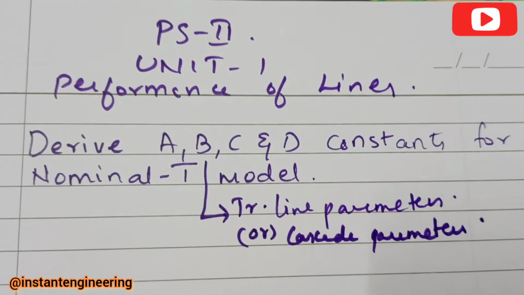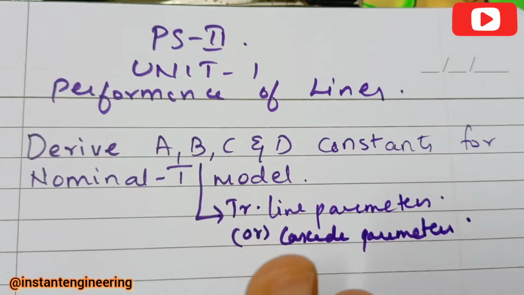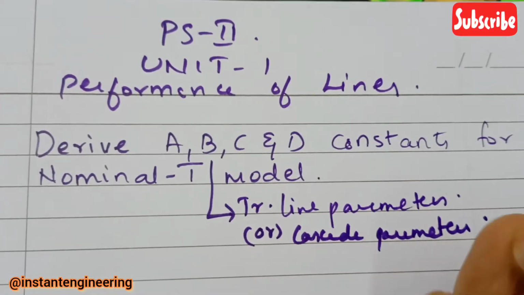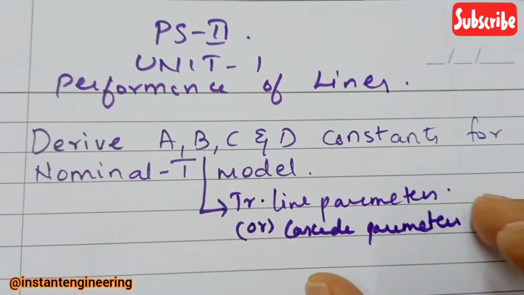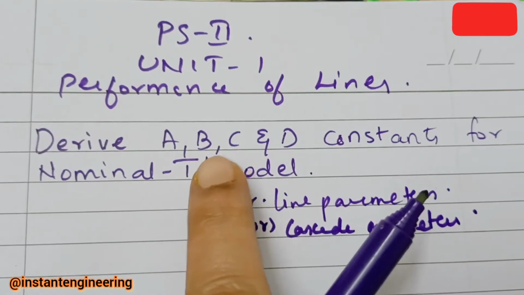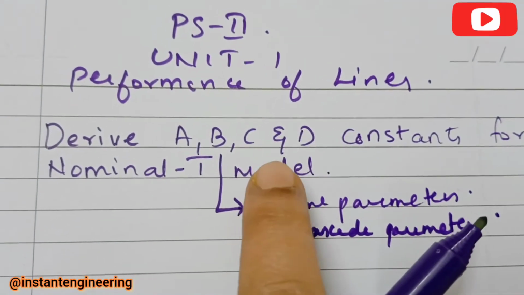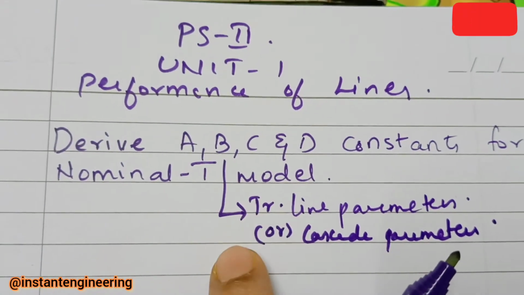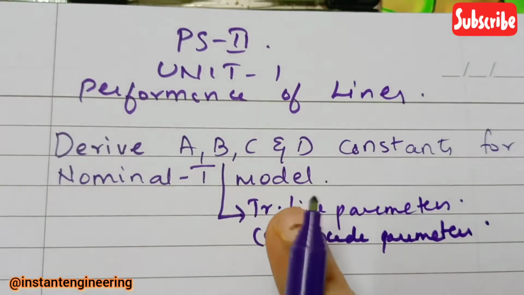Generally these ABCD parameters are used in two or more networks. If any two networks are connected in cascade connection, then you can use these ABCD parameters. One advantage is that they are useful in circle diagrams.